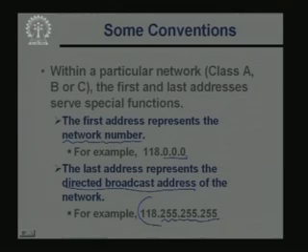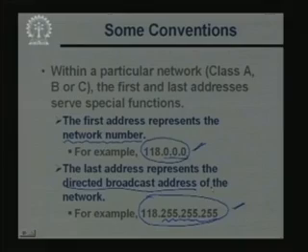So, if you have an address like this, the packet will go to all computers located in this network. For this purpose, the number of hosts is actually 2 less than the total possible number of addresses, as we have mentioned. So, with this we come to the end of today's lecture.